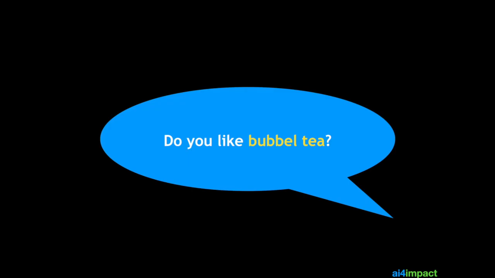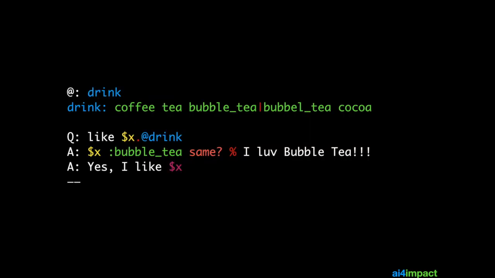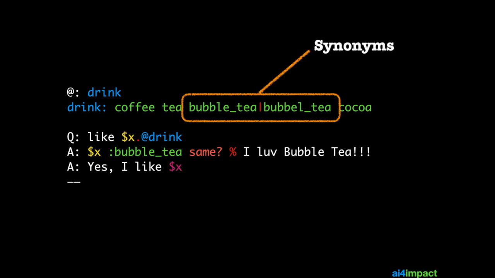What if the question was misspelled? Let's say bubble tea was misspelled. How would that work? Well, one thing you can do is to put an alternative into the type itself. So these are called synonyms, and you can attach as many synonyms as you want for anything.